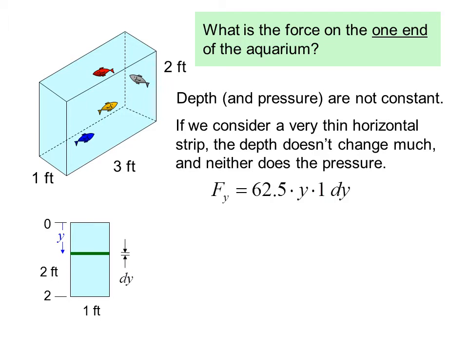The force at y is 62.5 times y times 1 dy, where 62.5 is the density, y is the depth, and 1 times dy is the area of the thin rectangle, which we're using as a strip.